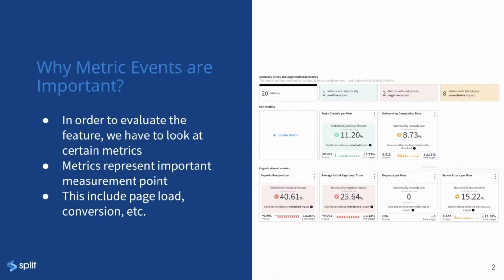So why do we care about events? In order to evaluate features or splits, we have to look at certain metrics. These metrics represent important measurement points for our website or our page, and this can include anything from page load time or conversion, etc. Using these events, we can correlate these metric events with the impressions that the users were served, and then we can come up with a statistical suggestion for how the experiment is going.